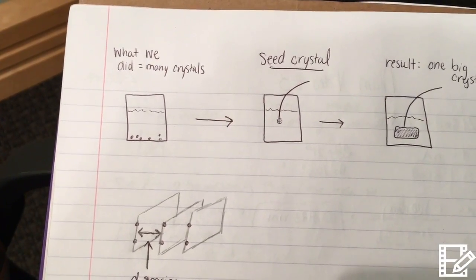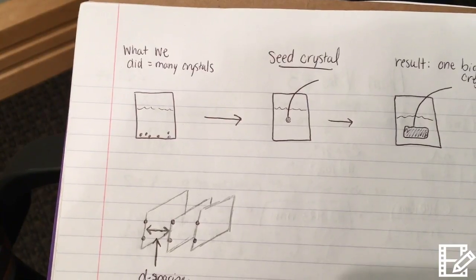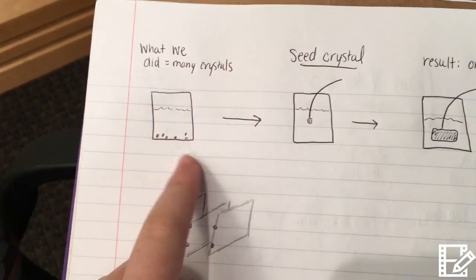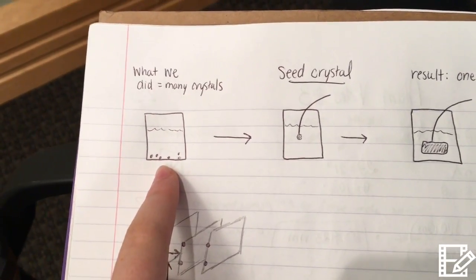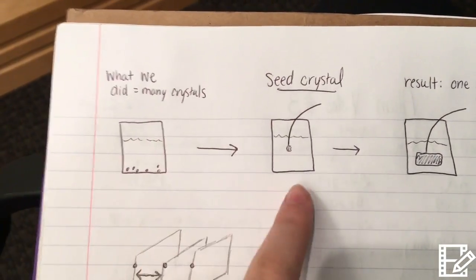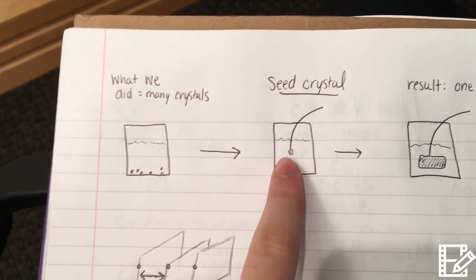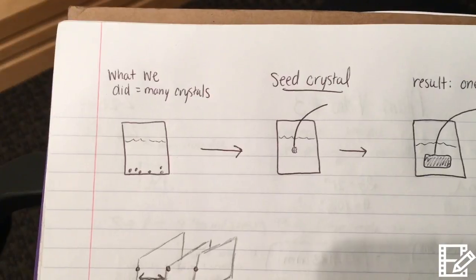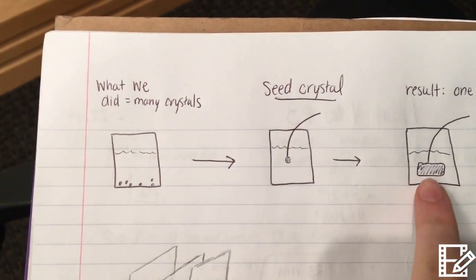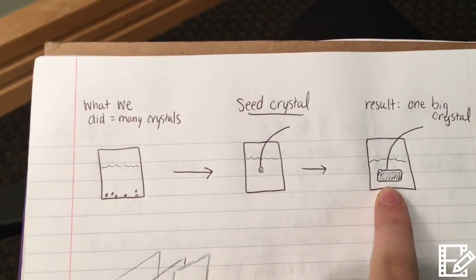This time, rather than allowing the alum crystals to grow individually and allowing the growths to compete with each other, as we did in our first experiment, now all the crystals will conglomerate onto the seed crystal, and the seed crystal will become the site of our single giant high-quality crystal of alum, right here.